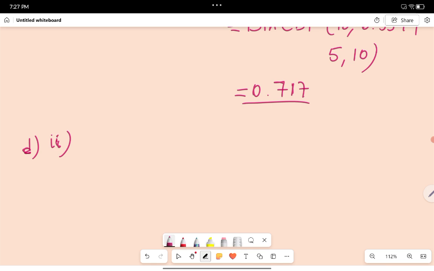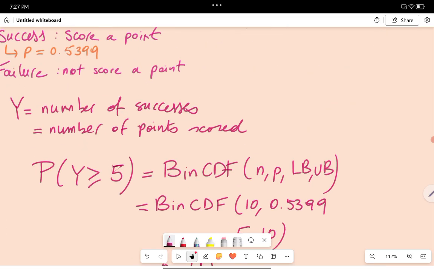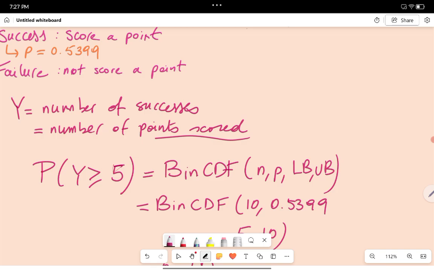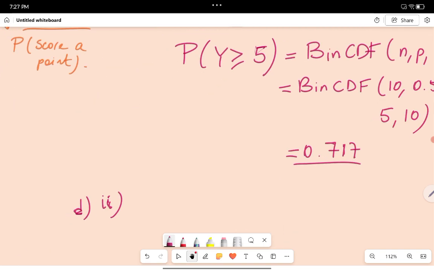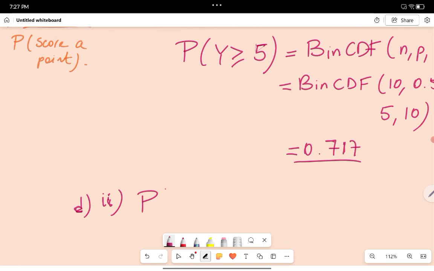Find the probability that Ariane scores at least 5 points and less than 8 points. So again, if y is the number of points scored, we're simply going to write it down like this. We're going to say P of 5 ≤ y < 8. So basically, the number of points must be at least 5 and it must be less than 8 points. Less, it's not less or equal.